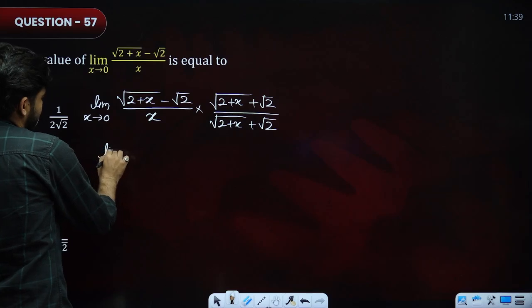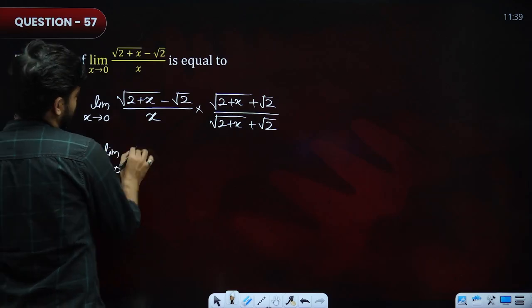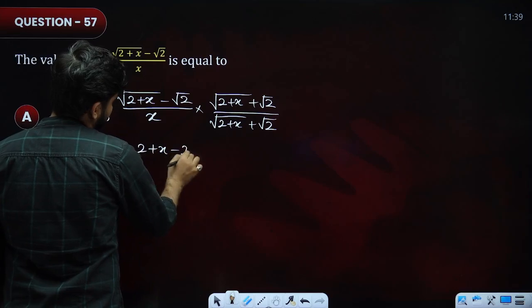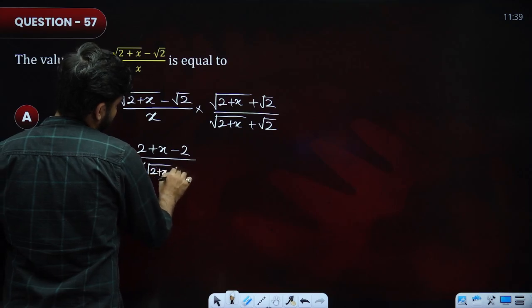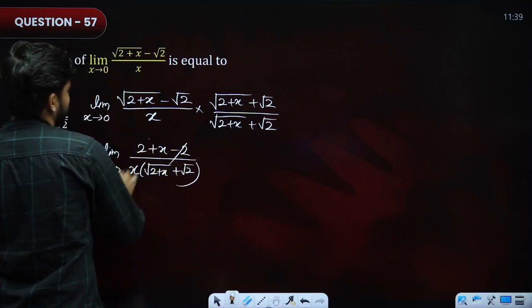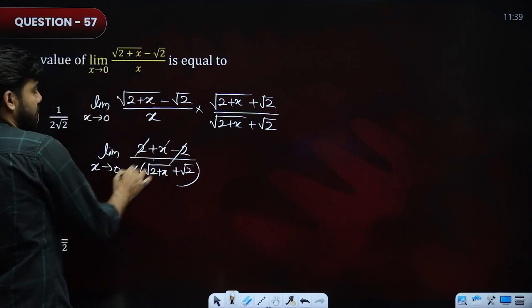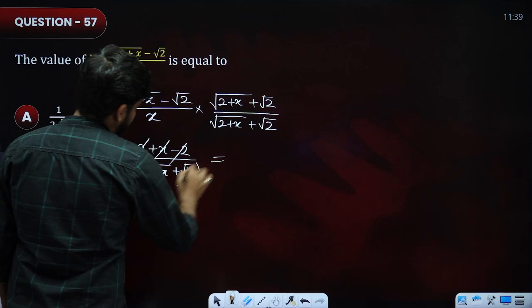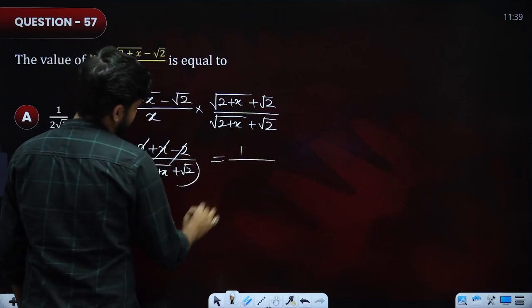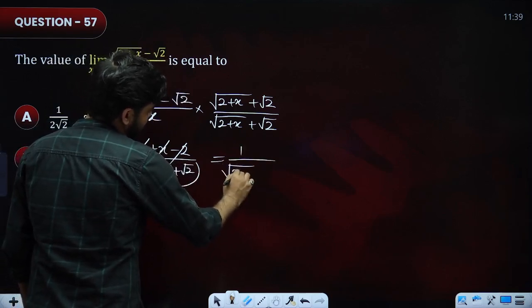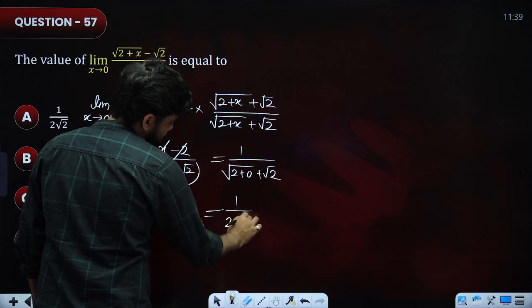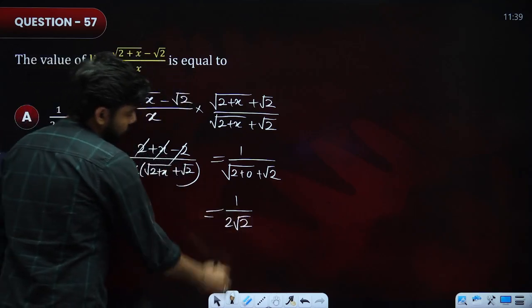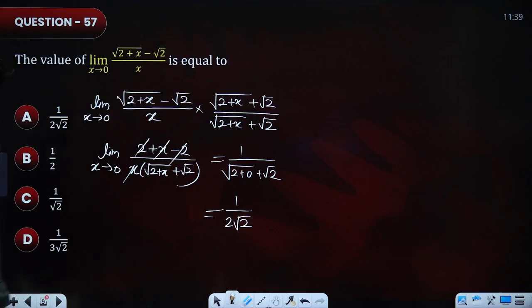Here we can write (2 plus x minus 2) upon x into (under root 2 plus x plus root 2). Both cancel out, and x also cancels out. Taking the limit, we can write 1 upon under root 2 plus 0 plus under root 2 according to the substitution method. Okay, and we have 1 upon 2 root 2. So option A should be the correct answer.